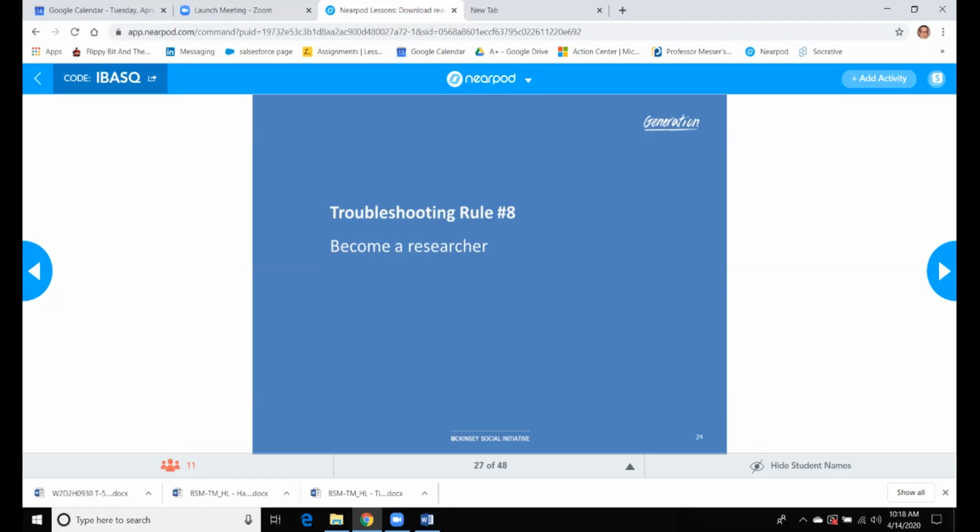So in step 8, that's where we're at right now, basically we become the researcher. We make sure we confirm everything. What might you do to research the problems? Anybody? What things can I do? Google.